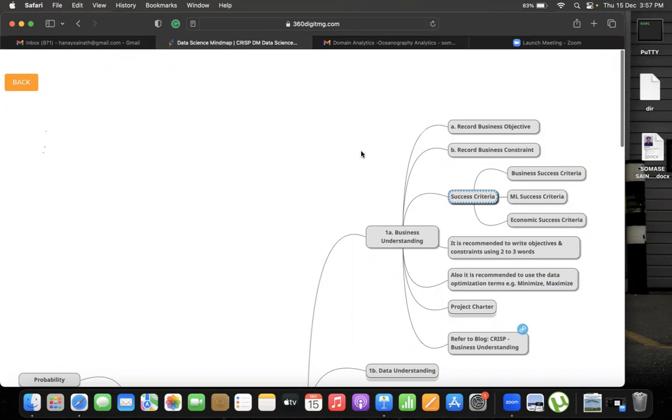Then we have that it is recommended to write the objective and constraints using 2 or 3 words.